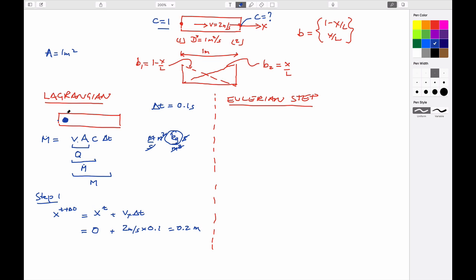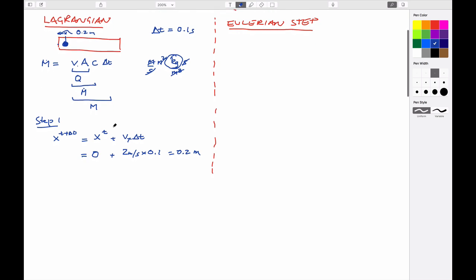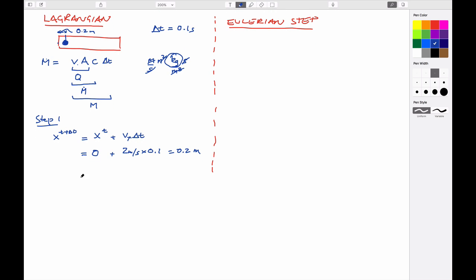So that's going to be the physical location of this first component, which is going to be some distance of 0.2 meters in. And the total length is 1. And so that's our first calculation. And so what we want to do then, this recurrence relationship will be true for all times.